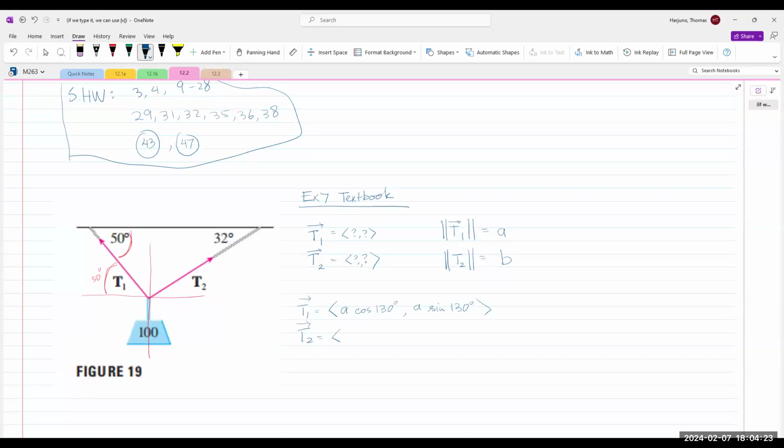The second tension will be B. If this is 32 degrees, this is 32 degrees, right? So that will be B cosine 32 degrees and B sine 32 degrees. Now notice that if this mass is being suspended and stable, it means the x component of T2 cancels the x component of T1.